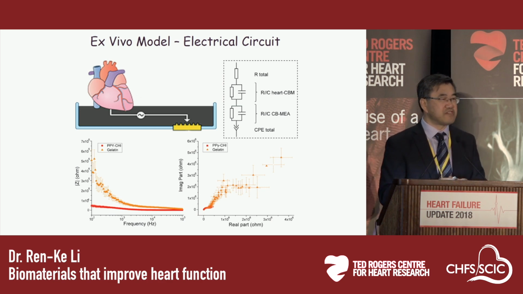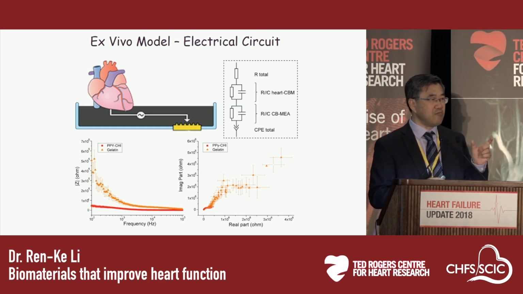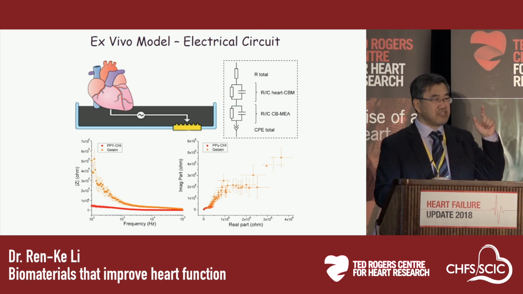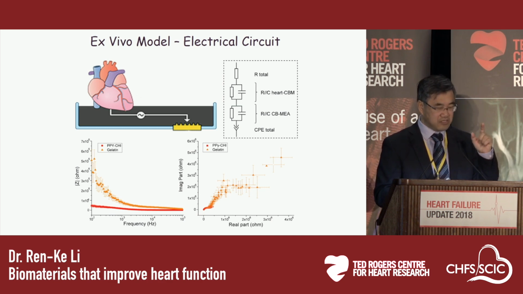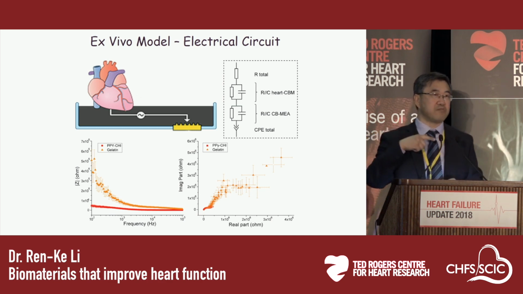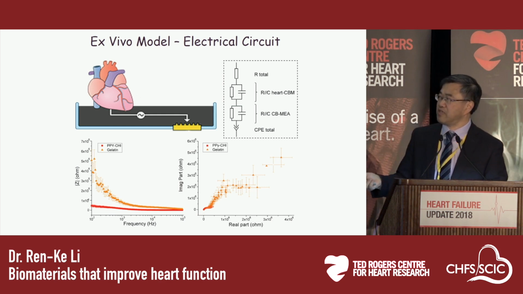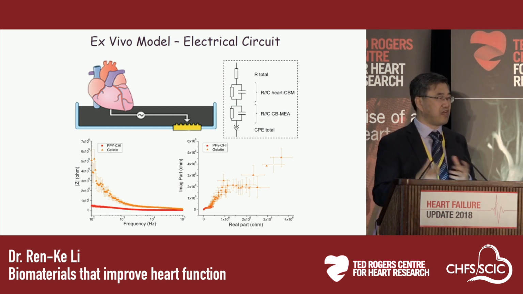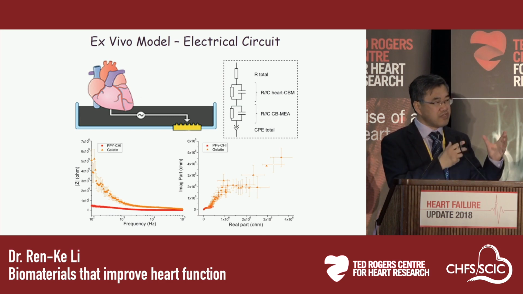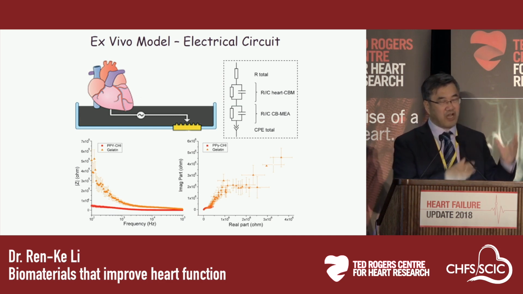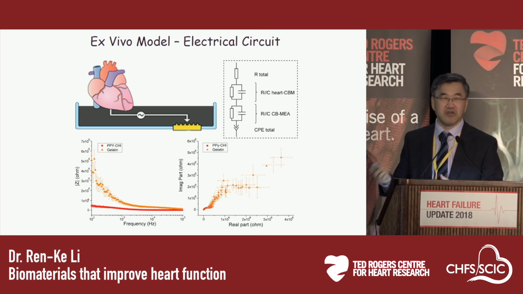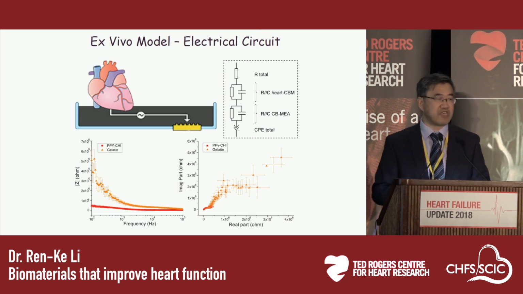But a lot of people said in the cardiomyocytes, the action potential is generated by the cross-membrane sodium-potassium. But in your biomaterial, there's no sodium potassium at all. How can this current pass through from the heart through the material to be sensed by the MEA?